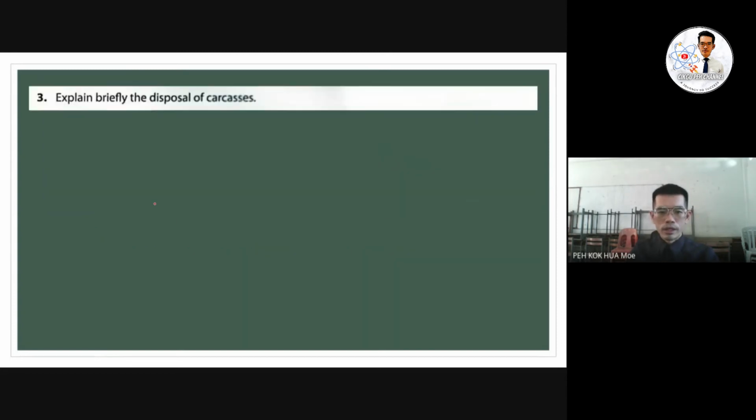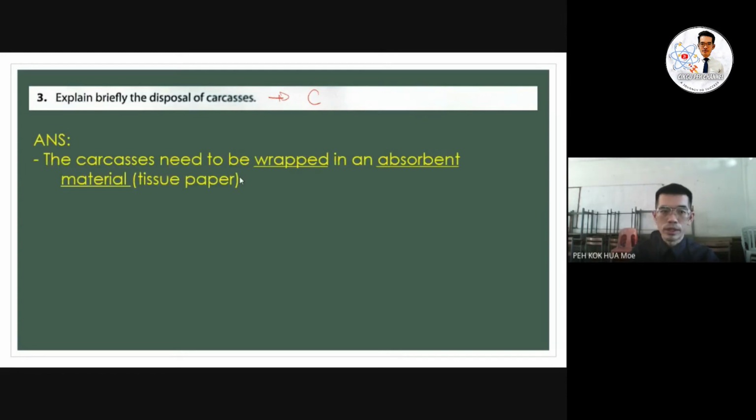The next is the third question. Explain briefly the disposal of carcasses. Carcasses are considered waste category C. As mentioned in our previous slide, first, the carcasses need to be wrapped with absorbent material, so we can use tissue paper or cloth.